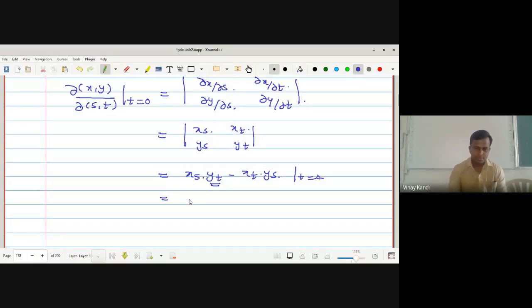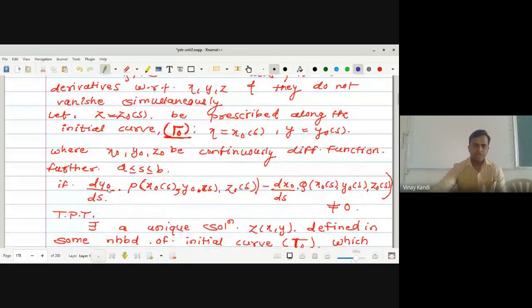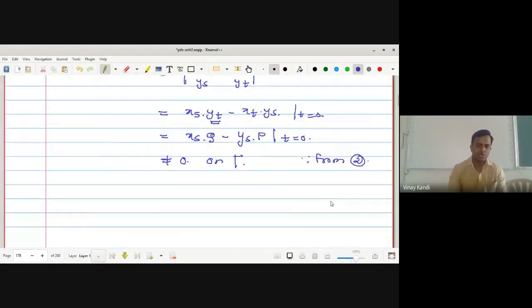Okay, so xs into q minus ys into p at t is equal to 0 is not equal to 0. Why? On the given curve, since from 2, the admissibility condition, this one. Okay, this is called the admissibility condition. It is given to us: dy naught upon ds into p minus dx naught upon ds into q is not equal to 0. That implies the Jacobian is not equal to 0 on that curve.